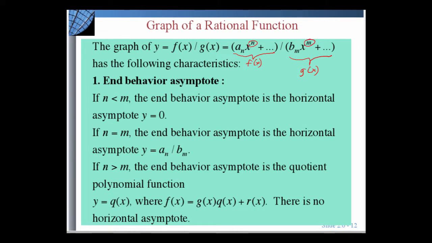Here's our first possibility. If n is less than m, the end behavior asymptote is the horizontal asymptote y equals 0. What that means is that if the power of the numerator is less than the power of the denominator, then we're going to have a horizontal asymptote of y equals 0.